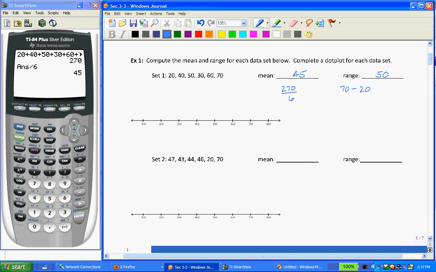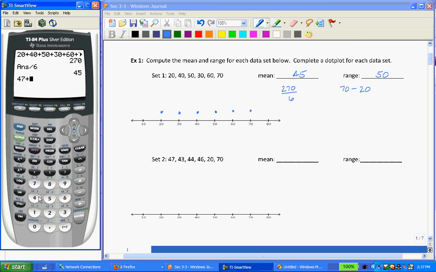In a dot plot, we're just going to put a dot above each value here. So 20, put a dot there, 40, 50, 30, 60, and 70. Okay, let's do that for the next two sets. So for set 2, again, I'll find the mean by adding up all the values.